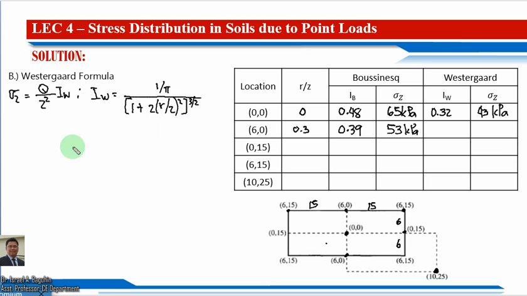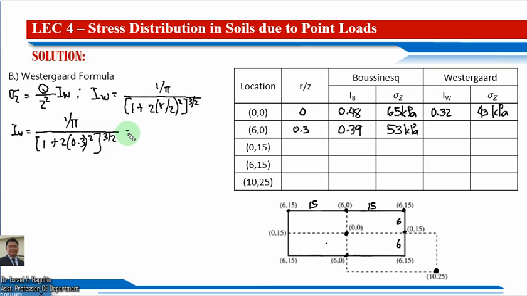So substituting here the value of our R over Z, so our R over Z is just equal to this 0.3 actually. So we have now this value for this I subscript W, 1 over pi, and then we have now this 1 plus 2 times R over Z, which is 0.3, squared and raised now to the power of 3 halves.